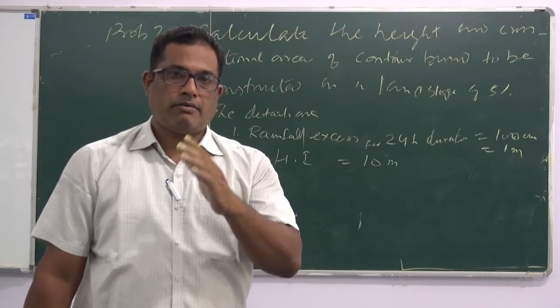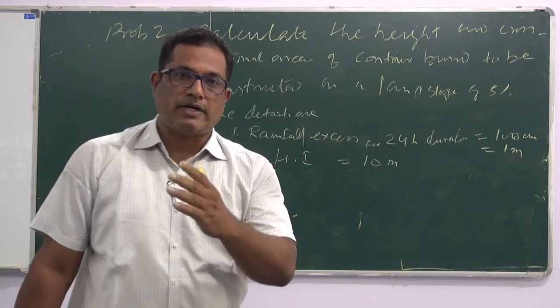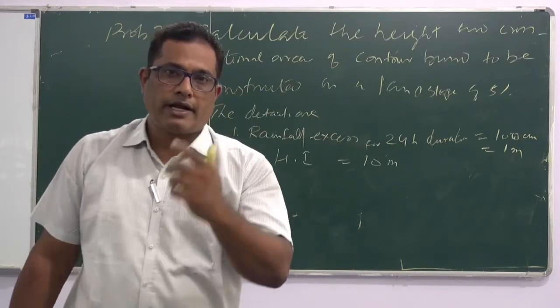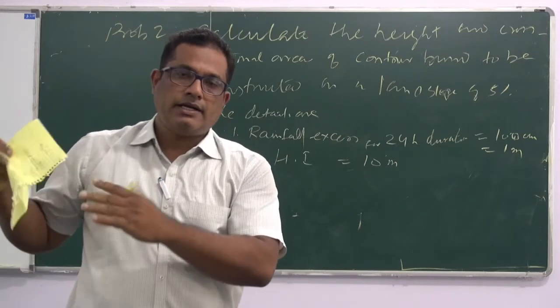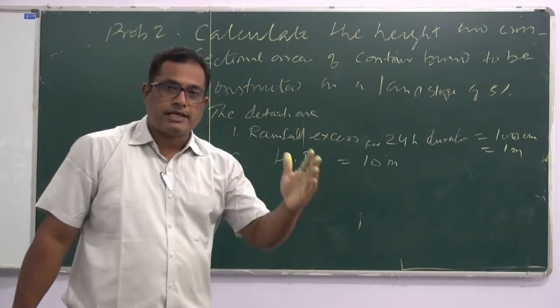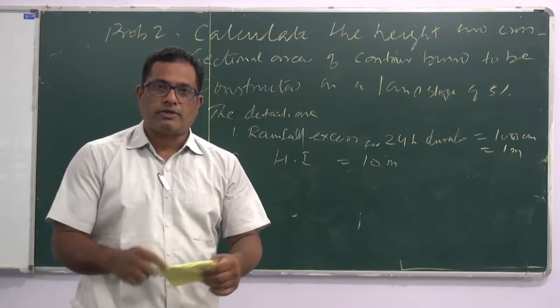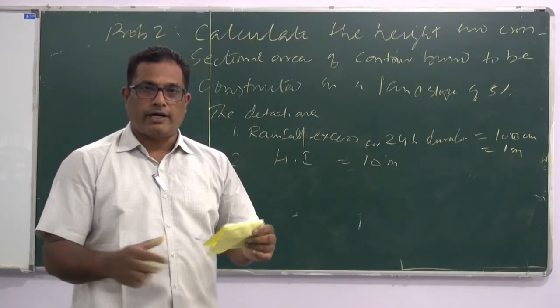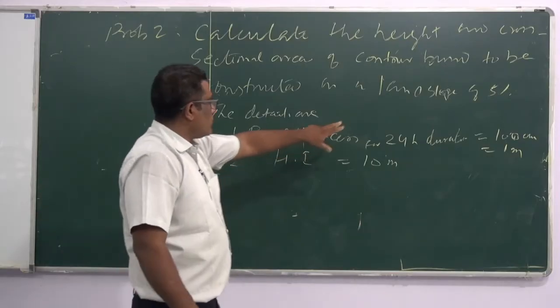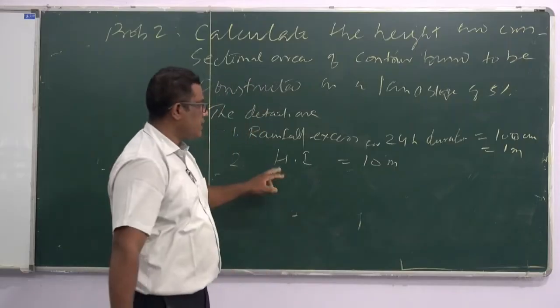That means it's designed for a recurrence interval 5 years, that is the probability of a certain rainfall in a day crossing a certain amount. So it is designed for 1 day excess rainfall, not total rainfall, excess rainfall. What is excess rainfall? The rainfall which flows as overland. So 24 hours 1 day excess rainfall is 1 meter and HI is 10 meter.